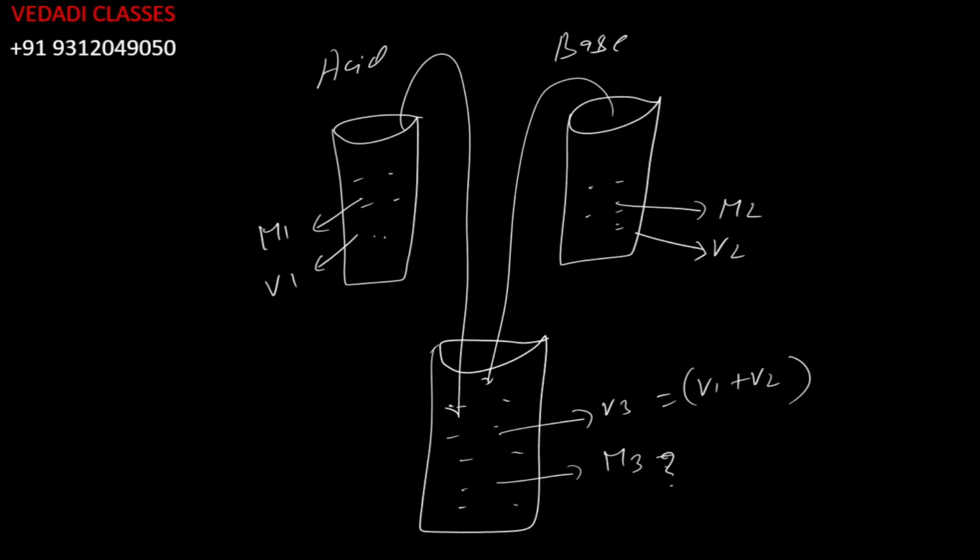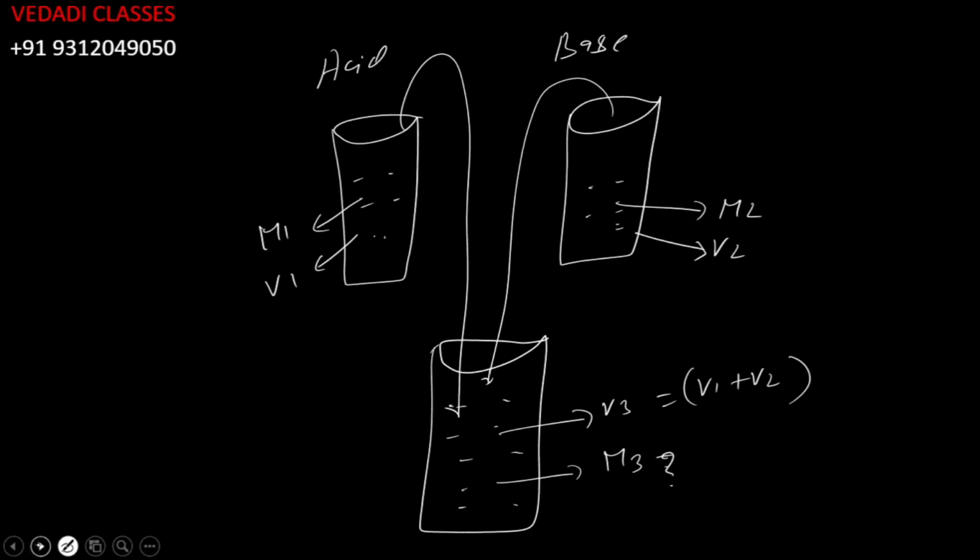If one is the acid and the other is the base, and the acid's M1 V1 value is greater than the base's, then the solution will be acidic. If the base's concentration and volume product is greater than the acid's, then the new solution will be basic in nature. How this is so, we will discuss when we solve the numericals. At that time it will be used.